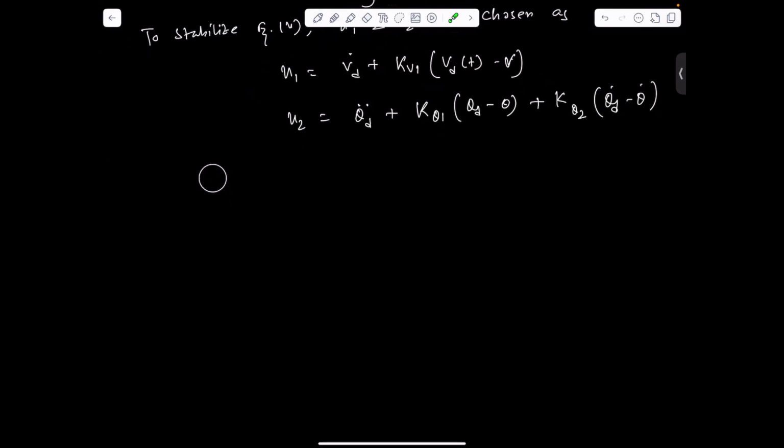Here we have the desired V, V d, and we have the controller, and from the controller we are getting U1, and this is our plant.